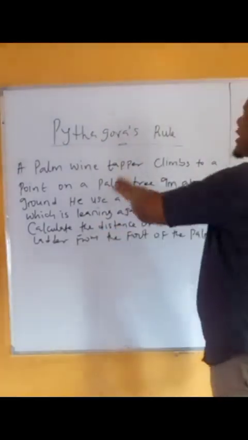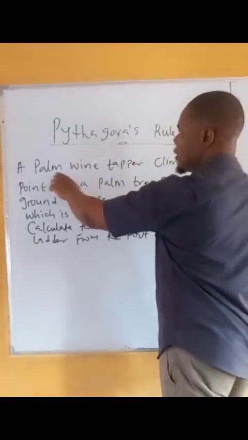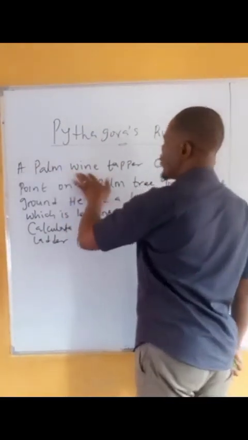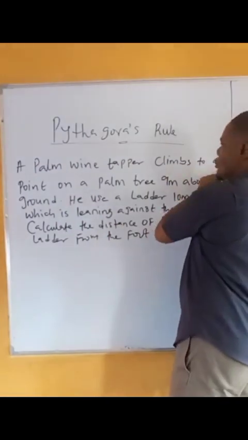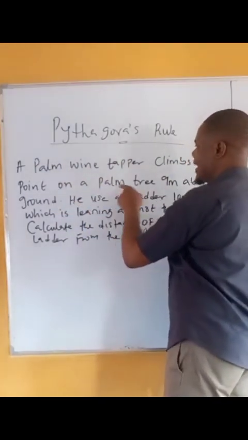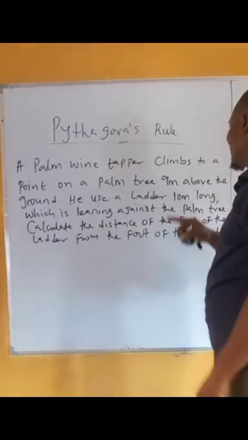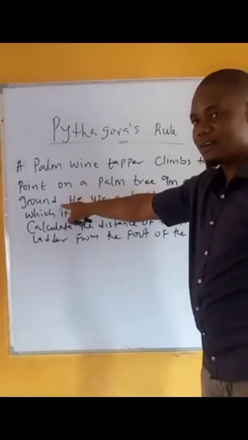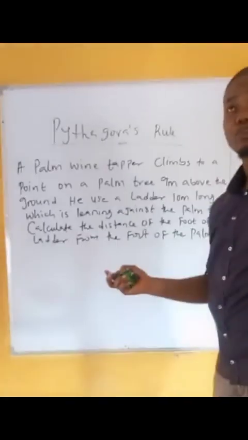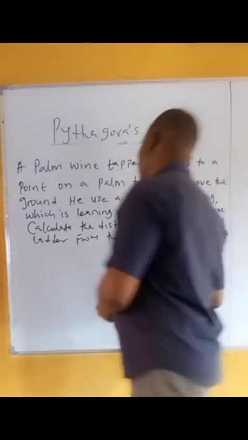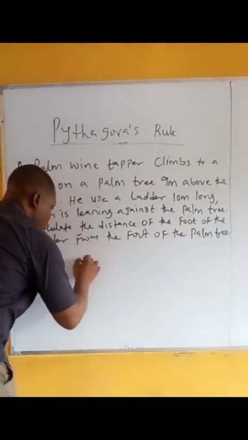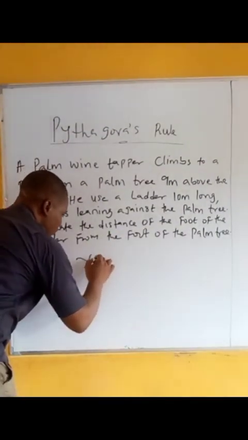Now, still on the Pythagoras rule, look at this question. A palm wine tapper climbs to a point on a palm tree 9 meters above the what? Ground. Let's try to draw the tree. Let's assume, okay, it's just a sketch.